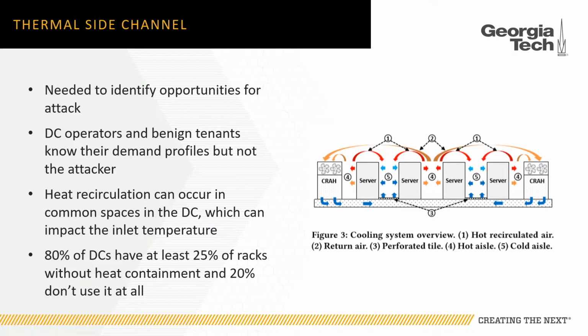Now, talking about heat containment, what it means is that data center operators can improve their efficiency and can improve the airflow of those cold air aisles by isolating and containing the airflow.